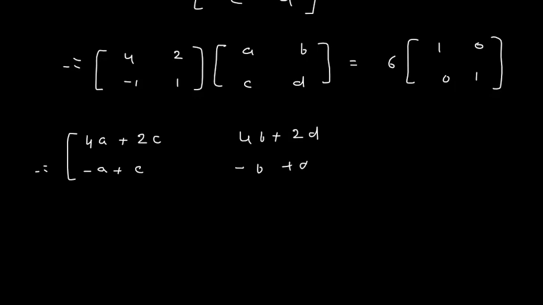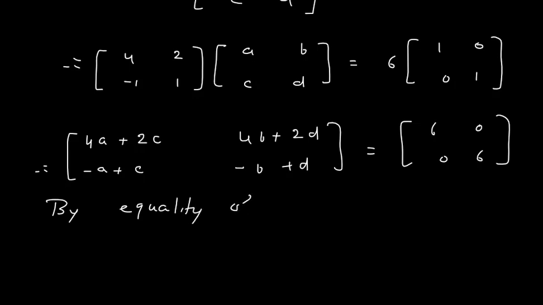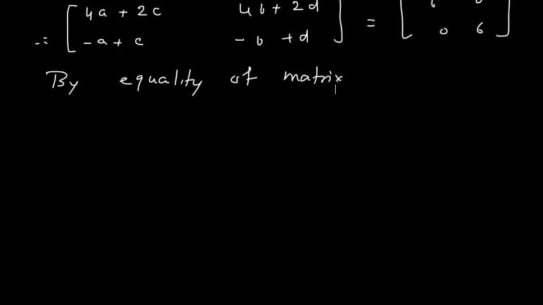So by equality of matrices, 4a plus 2c is equal to 6, this is equation 1, and minus a plus c is equal to 0, this is equation 2. So minus a is equal to minus c, therefore we get c is equal to a.